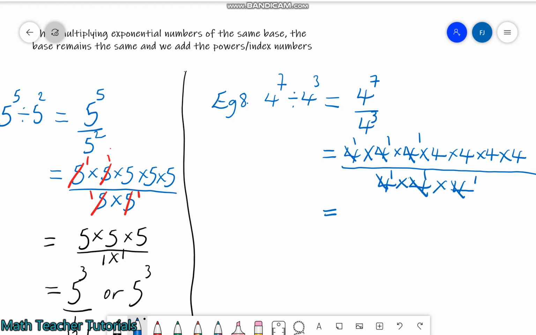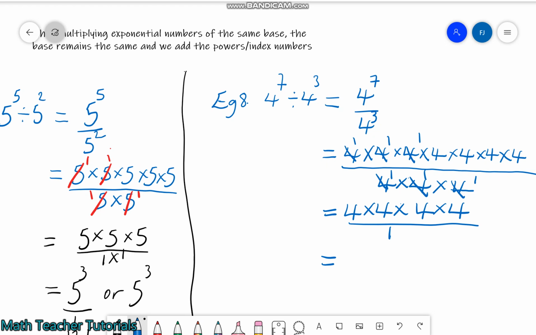So in our numerator, we're left with 4 times 4 times 4 times 4, all upon 1.